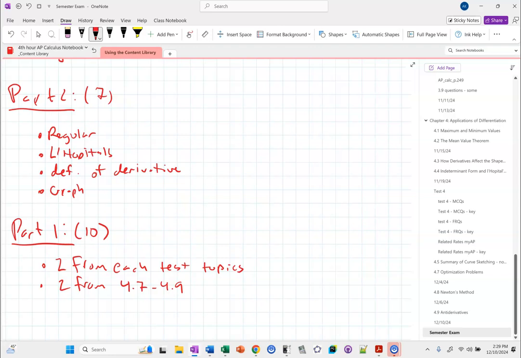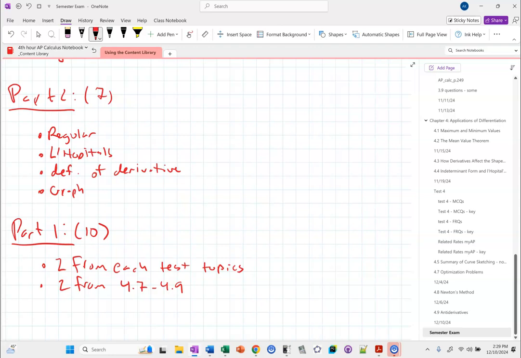I tried to pick things that don't require tons and tons of time, that are relatively straightforward.